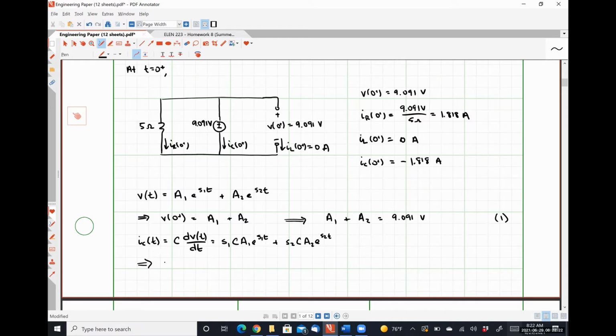At t equals 0, this reduces to S1 C A1 plus S2 C A2. And so for my C value of 10 to the minus 6, this is going to look like S1 times 10 to the minus 6.